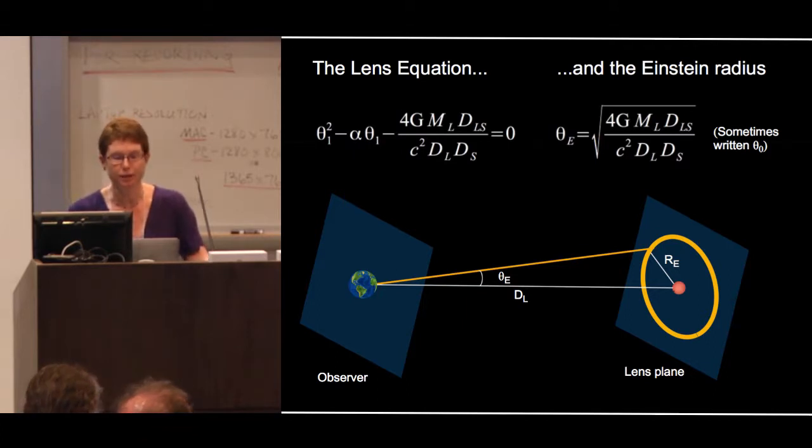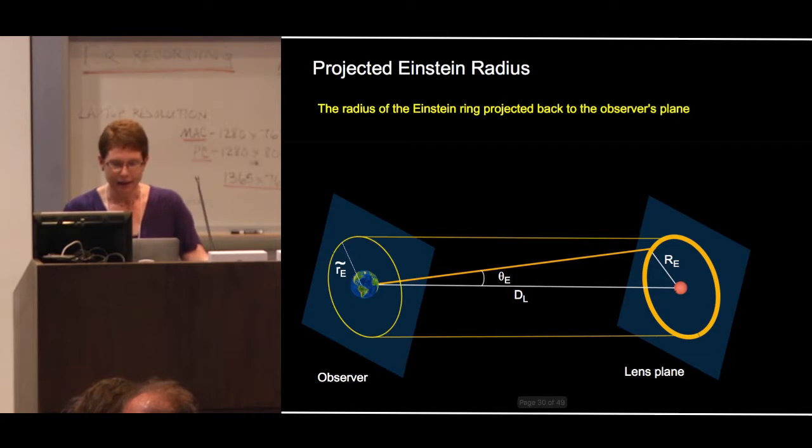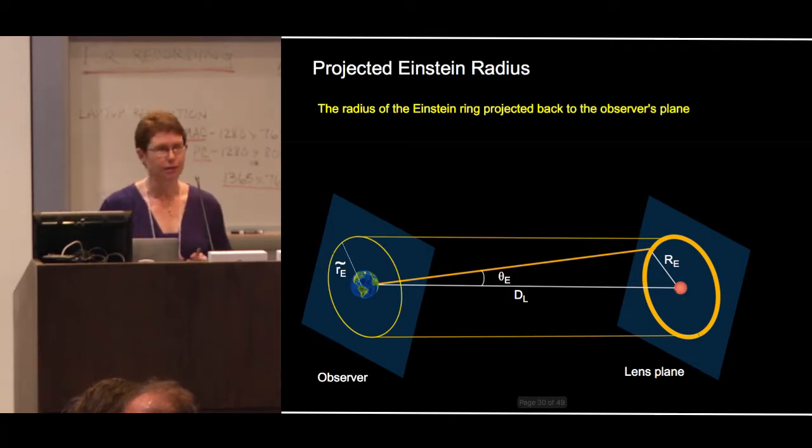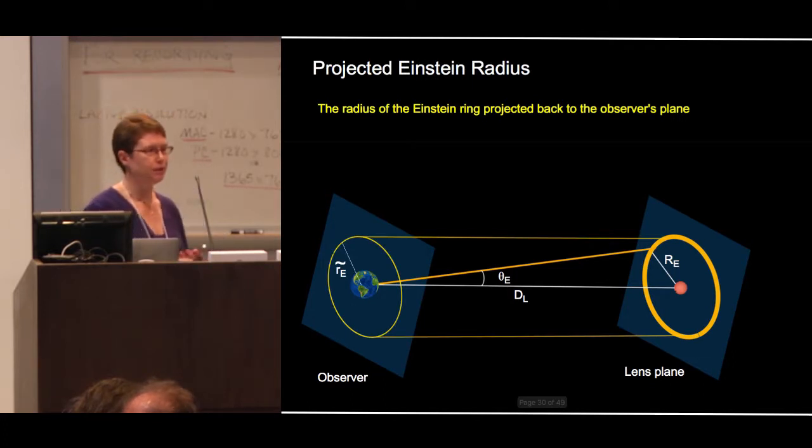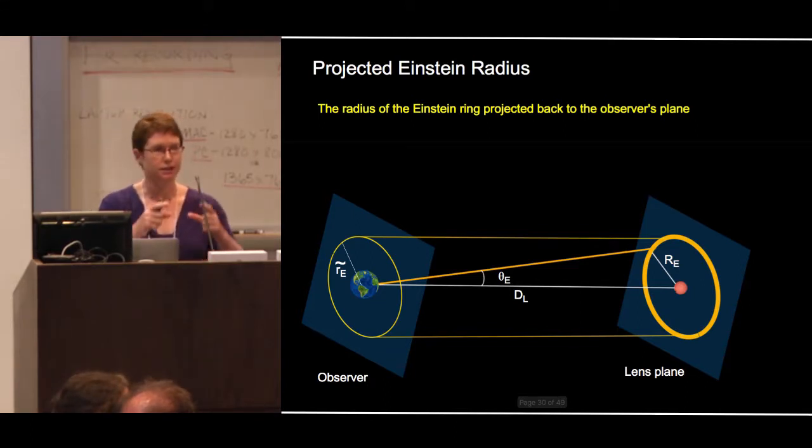This is sometimes written as theta naught, more generally as theta E, because it's named after Einstein himself. And that implies that if the alignment between the source and the background lens is completely perfect, what you actually observe is this Einstein ring, a perfect circle around the location of the lens.